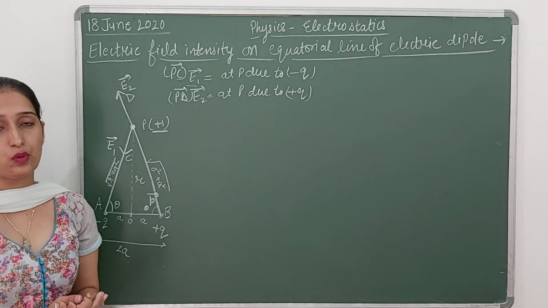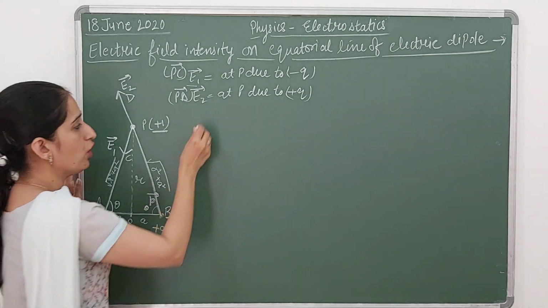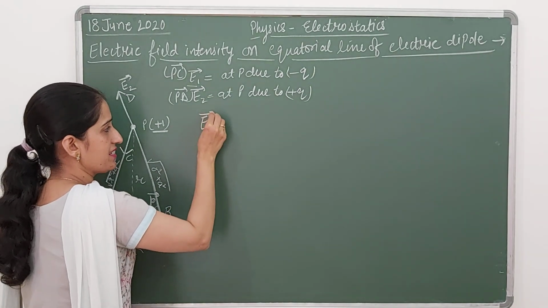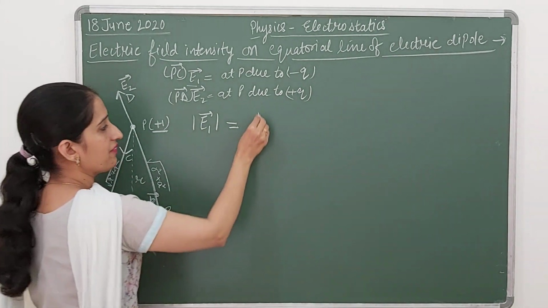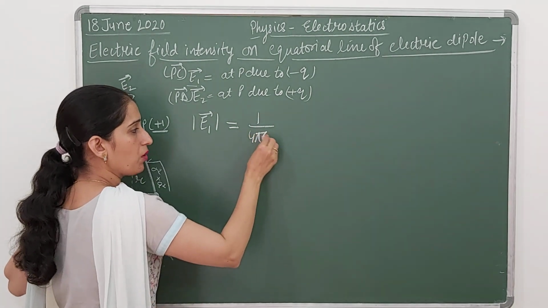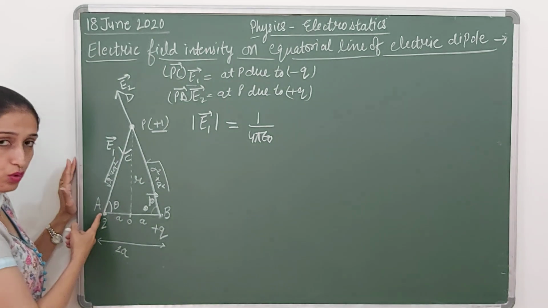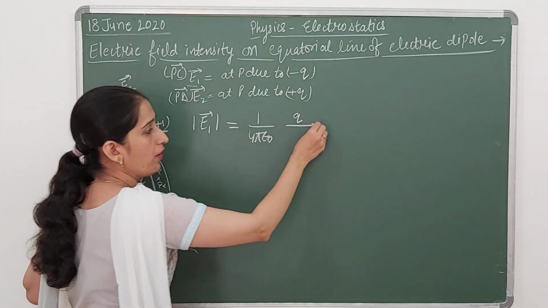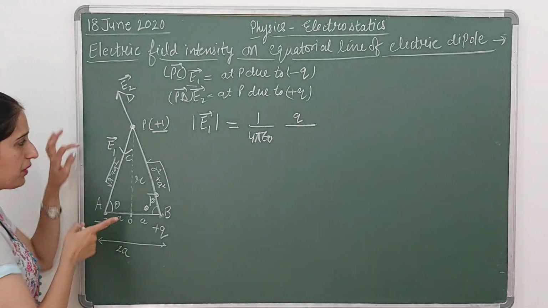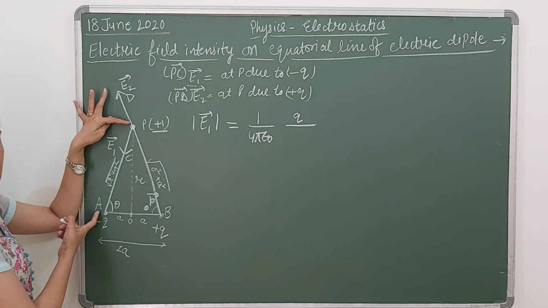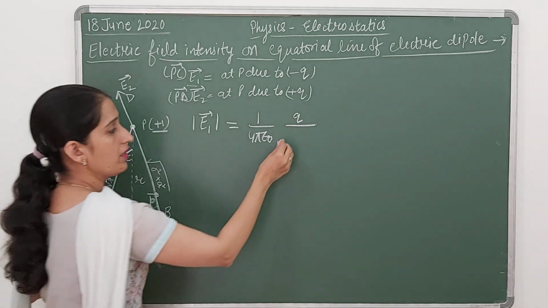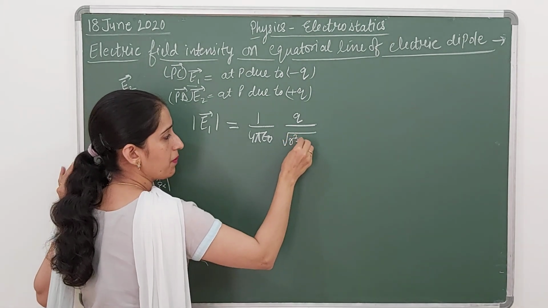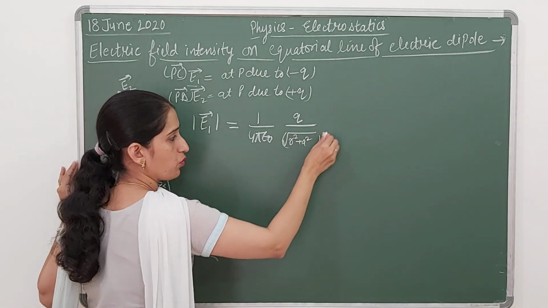Now we are going to calculate its magnitude. We know the electric field intensity, I am writing its magnitude only. It will be given by 1 by 4 pi epsilon naught, Q upon r square, where r is the distance between these two charges, and the distance between these two charges is under root r square plus a square, whole square.